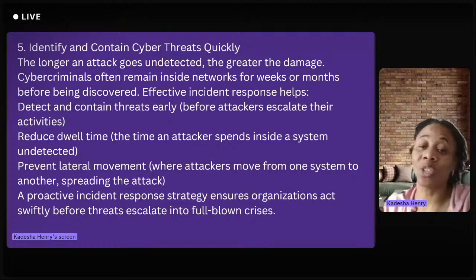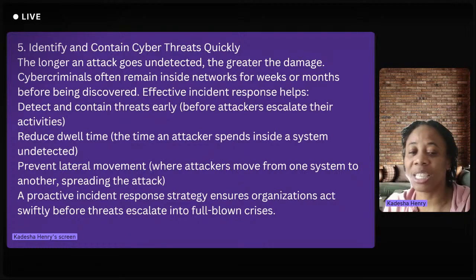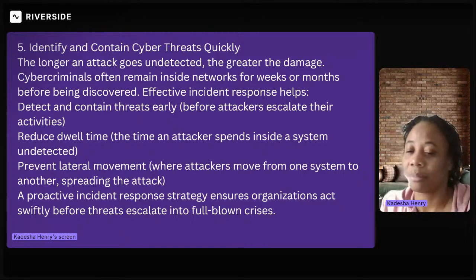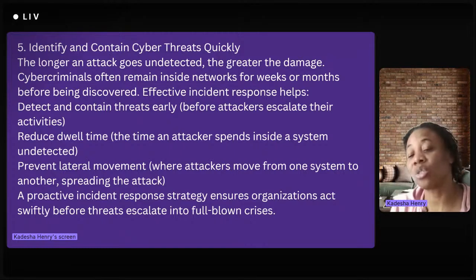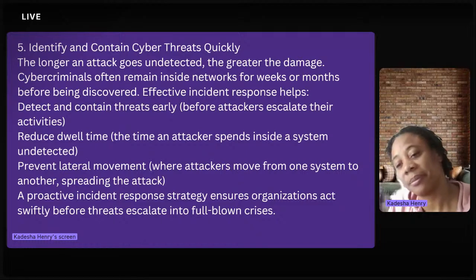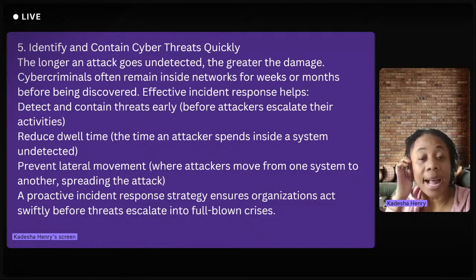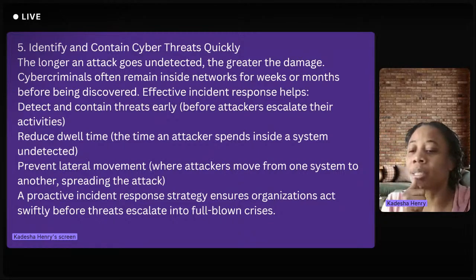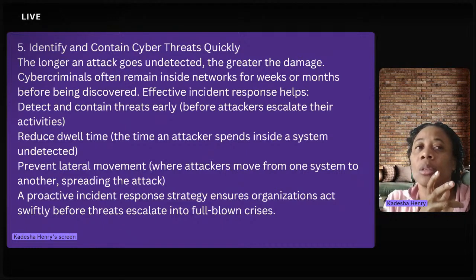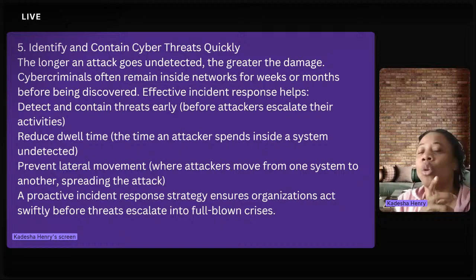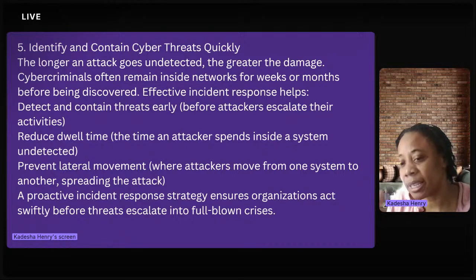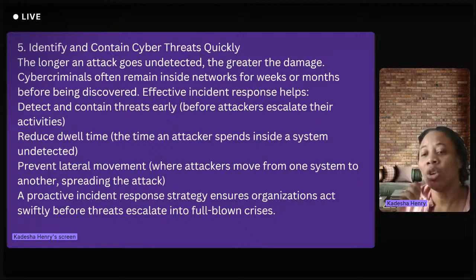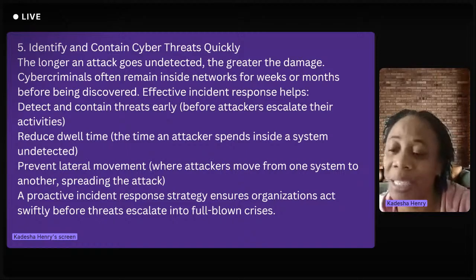And it ensures that you act swiftly as an organization, so the threat doesn't escalate into crisis. So as cyber personnel, you must understand that when you are building your cyberspace or working in any cyberspace, you must understand the reason an incident response plan is needed in that organization.